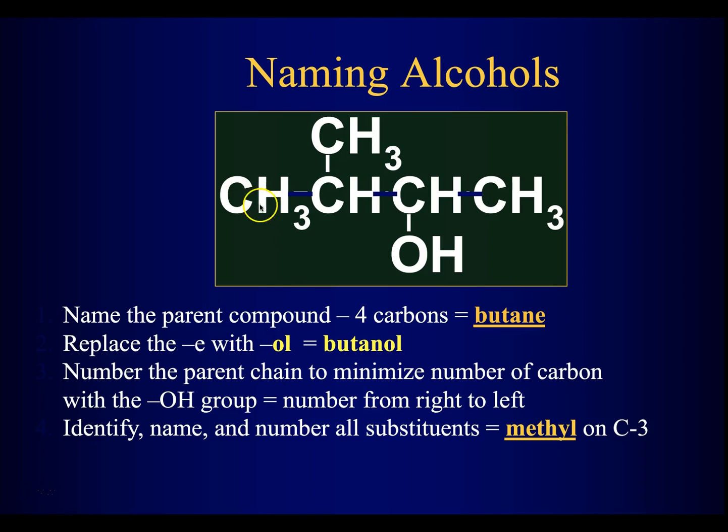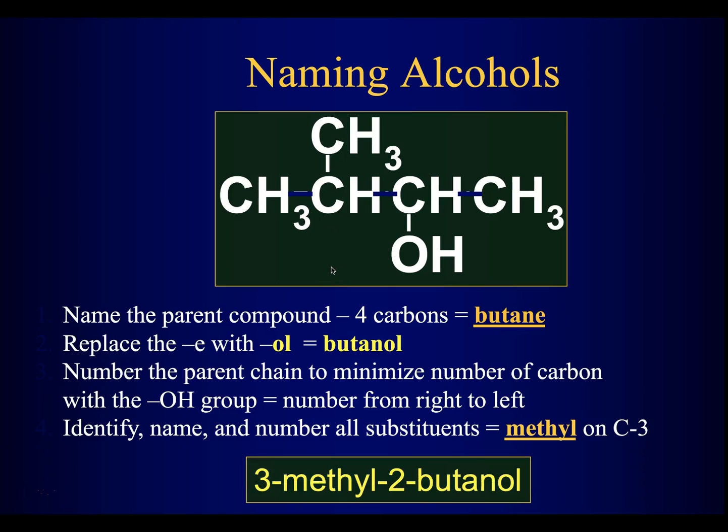I'm going to drop the E, add an OL to it, and then I see that it's on the second carbon. So it'll be a 2-butanol, but then we also have a methyl group on our third carbon. So it'll then be 3-methyl 2-butanol.